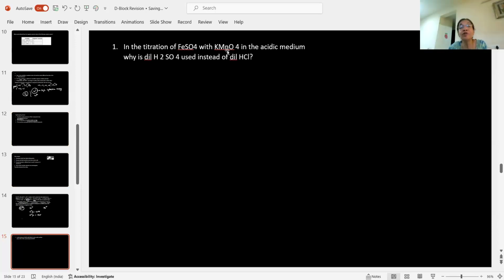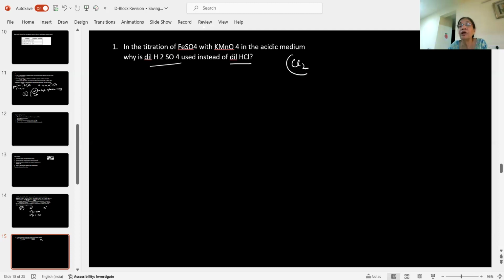The titration of FeSO4 with KMnO4 in acidic medium. Why is dilute H2SO4 used instead of HCl? Now, in the titration of KMnO4 and FeSO4, why do we not use dilute HCl? We use H2SO4. Why don't we use HCl? Because HCl also gets oxidized and gives chlorine.